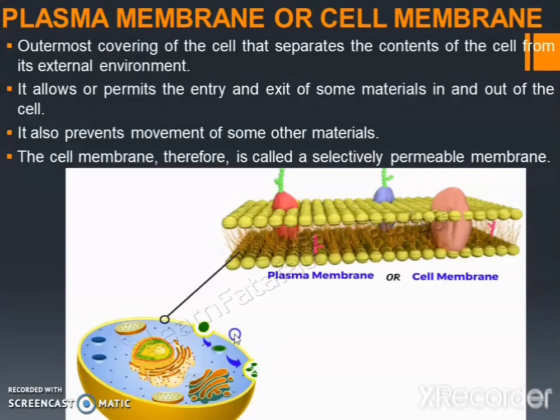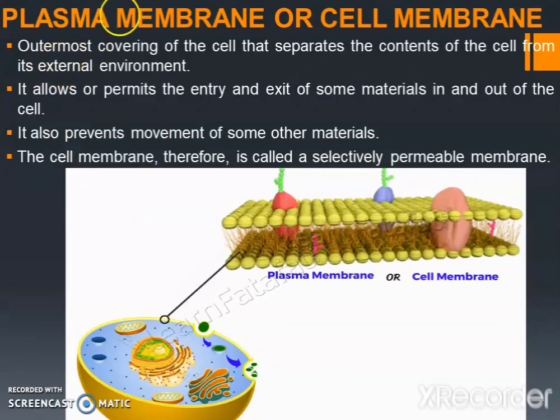If you see the environment which is surrounding the plasma membrane, it is visible that this plasma membrane is the one which separates the other components of the cell from the external environment. It is the plasma membrane that protects them from the surrounding environment.